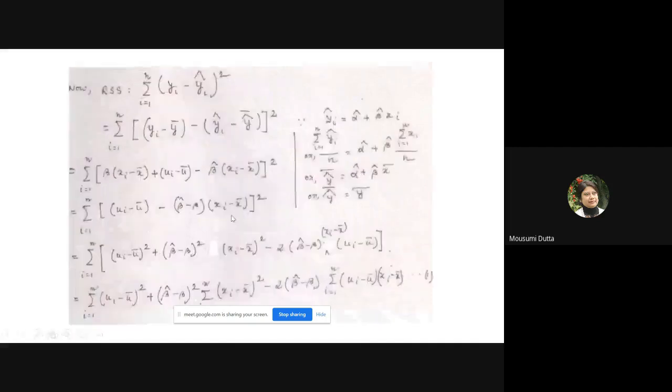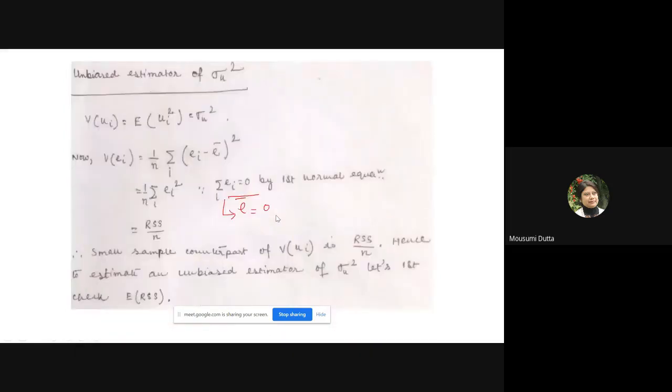Therefore, the small sample counterpart of variance of ui is RSS by n. Hence, to find an unbiased estimator of sigma u square, let's first check the value of expectation of RSS. 1 by n is a constant.